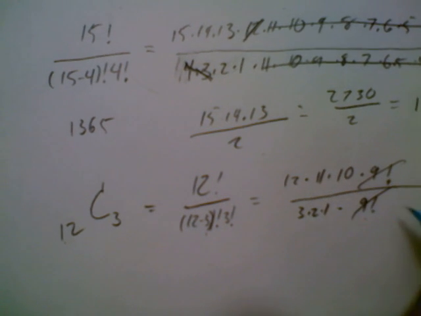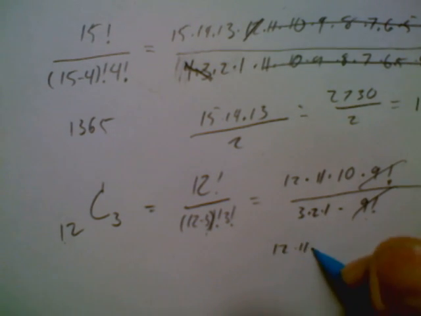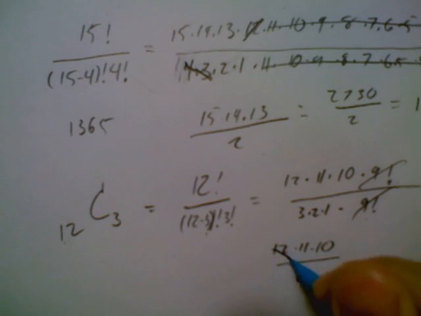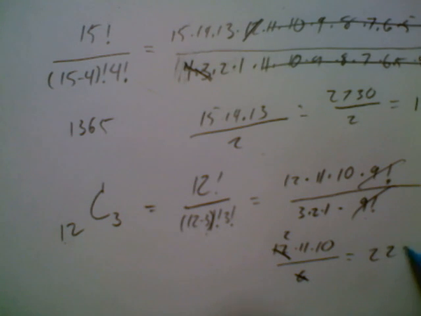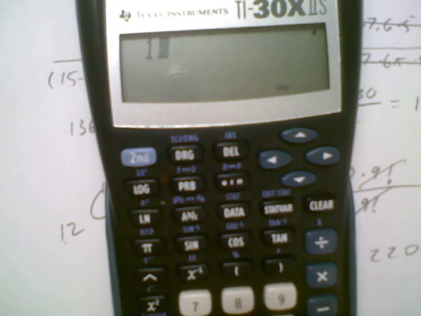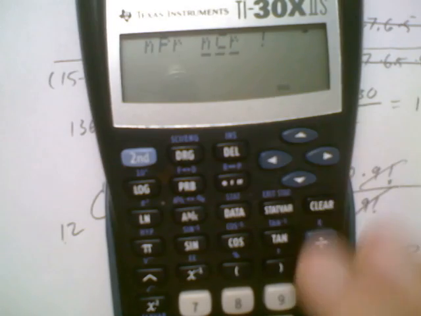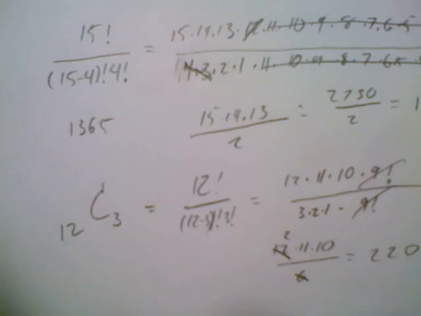Those cancel out, and so we have 12 times 11 times 10 over 6. Those can cancel out, that can be 2, and this will give us 220. We look into the calculator again: 12, PRB, nCr, 3, 220. So that's how that one works.